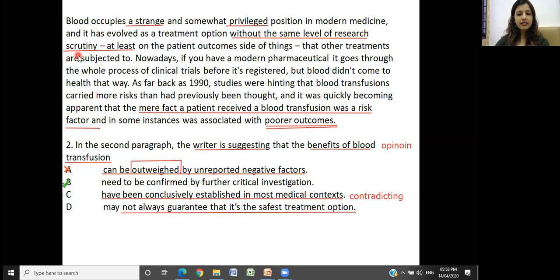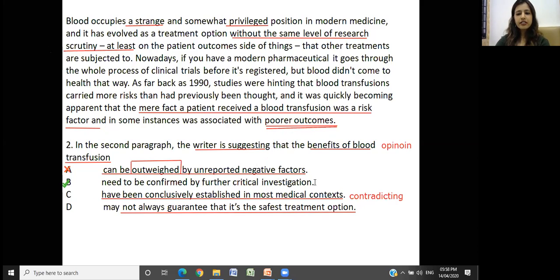He's not saying that there are benefits and there are drawbacks, but people are trying to focus more on benefits and nobody is paying attention to the drawback. No, he's trying to say we don't know because we haven't done enough research on it. And whatever clinical trials we have, they have hinted that it carries more risks than had been previously thought, and it can lead to poorer outcomes. So B is the correct answer, need to be confirmed by further critical investigation.